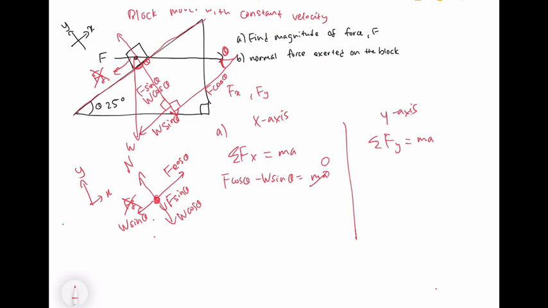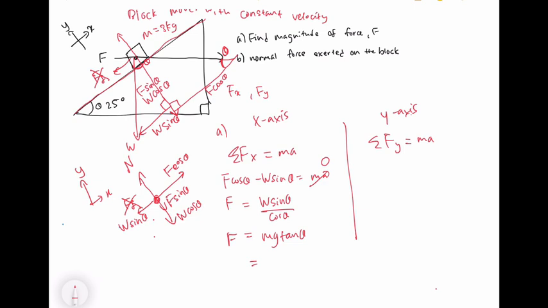So what I have now is F is just W sine theta divided by cos theta. What am I saying? W is just mg, and sine theta over cos theta is just tangent theta. So that's my F.